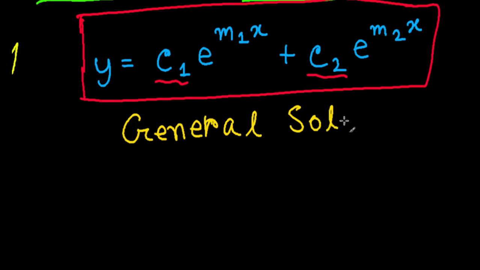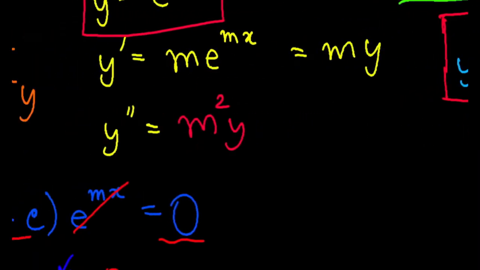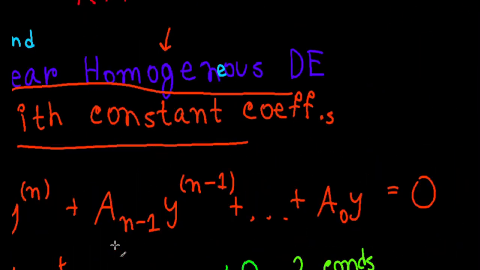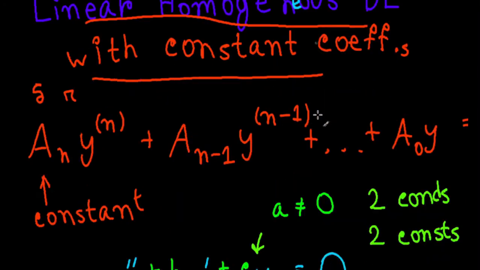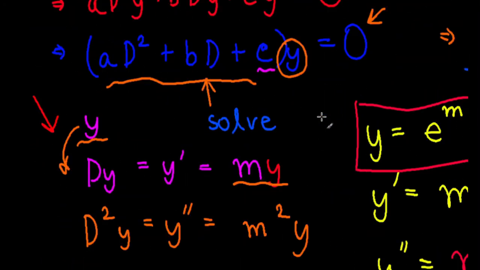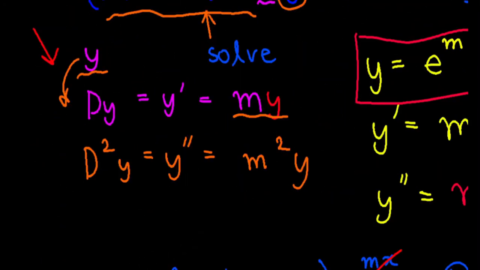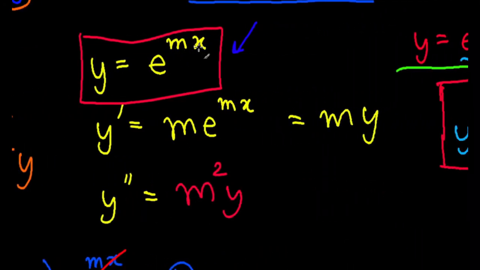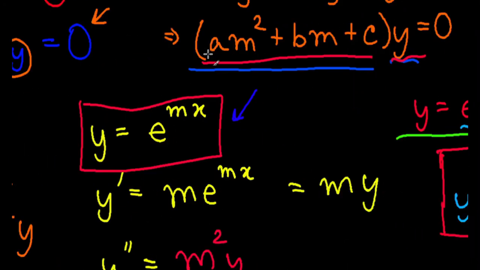So I'll just recap this. In general, if we want to solve an equation like that, our solution is going to have the form, as a test function, e to the power mx.